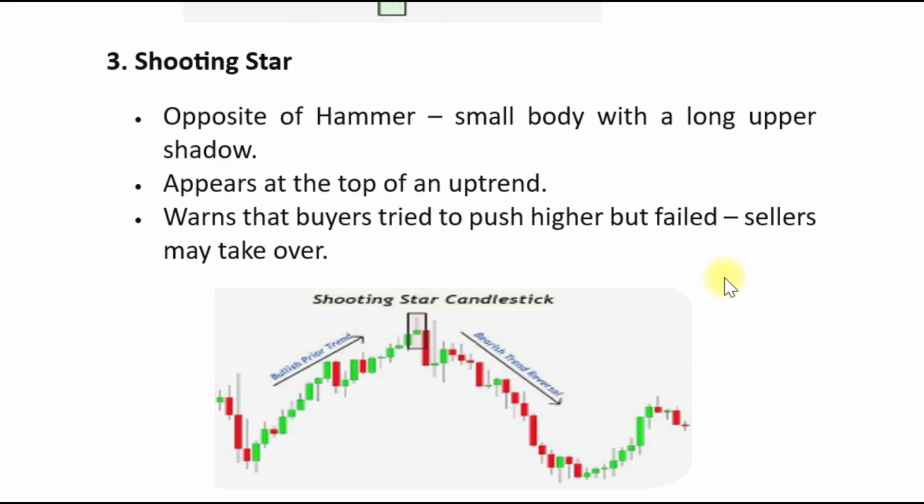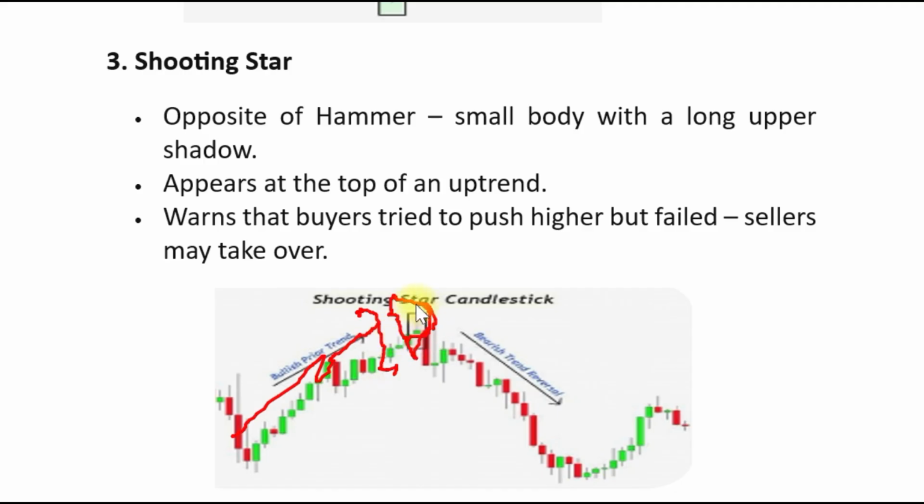Next, shooting star. It is exactly the opposite of the hammer. A small body with a long upper shadow is the candlestick pattern. If it appears at the top of an uptrend, first the condition is it should be an uptrend.